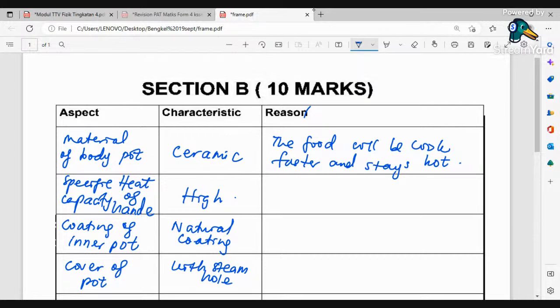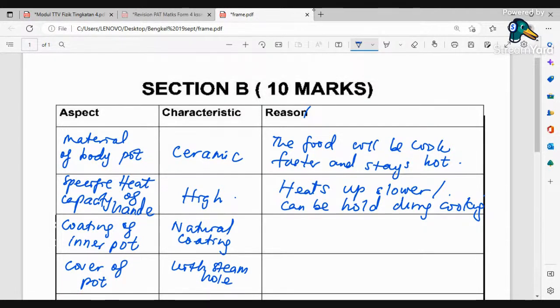Okay, specific heat capacity of handle. Heat not, can be hold during cooking.